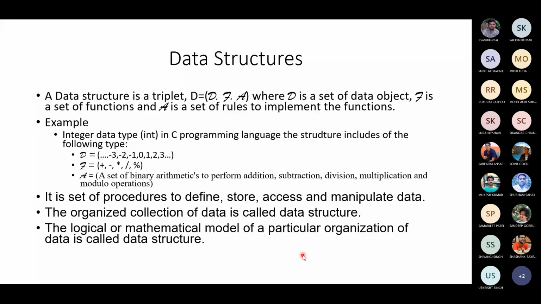So it's a logical or mathematical model we are using to organize our data. When I say tree, there is a root, a left child, a right child, and branches. That is a logical representation of how we are storing the data.